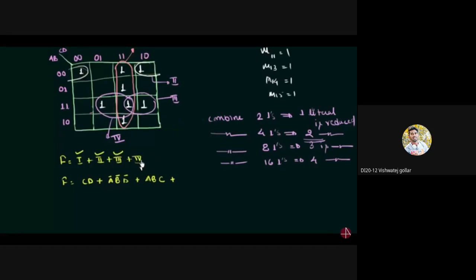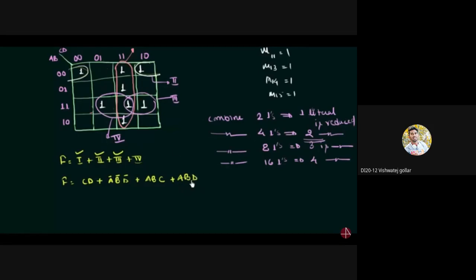Now we'll move to the fourth prime implicant. In this, AB are 1, 1, and not changing, so AB. C is changing from 0 to 1 while D is 1.